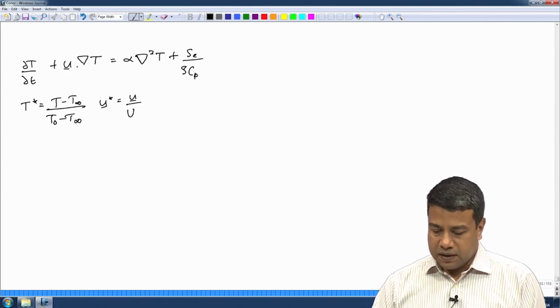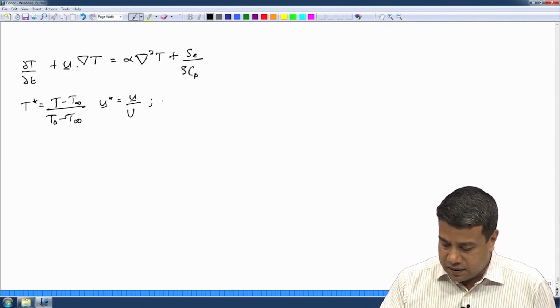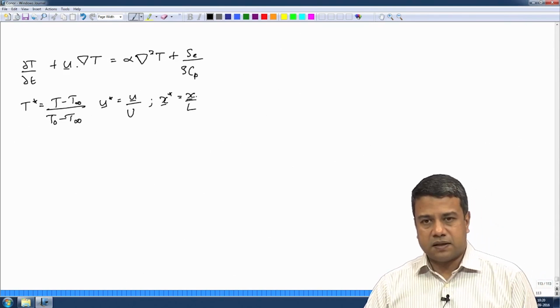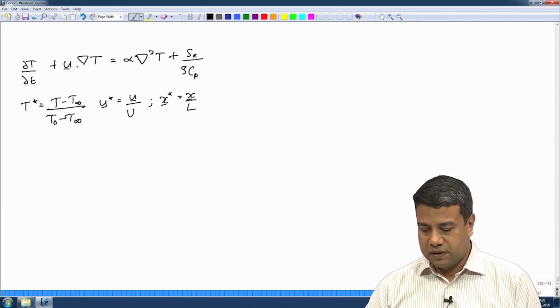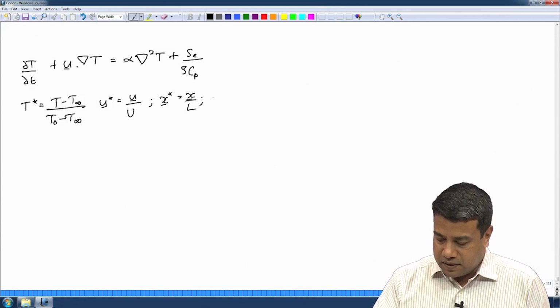And we had also scaled the length by a characteristic length, the pipe diameter, the particle diameter and so on. And consequently, the gradients all got scaled.